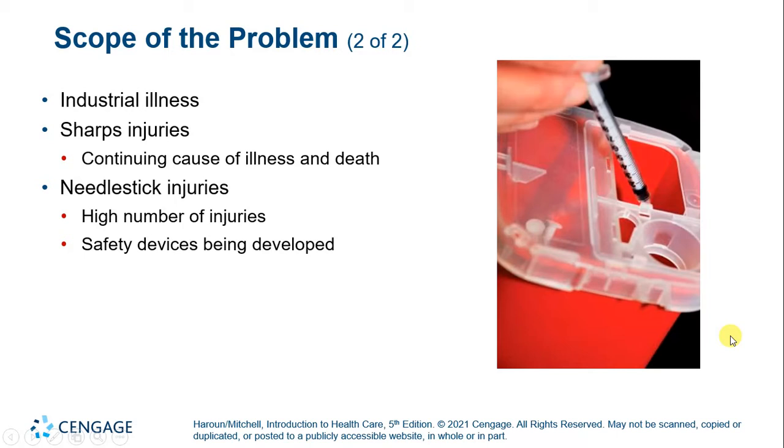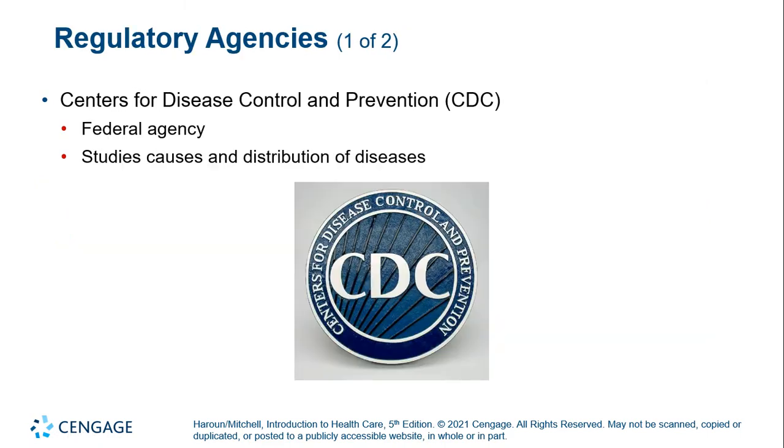Along with healthcare-associated infections, other health and safety issues that occur in the healthcare setting include industrial illness, sharps injuries, and needle stick injuries. There are several regulatory agencies that track, follow, recommend around things like infectious diseases and also workplace injuries.